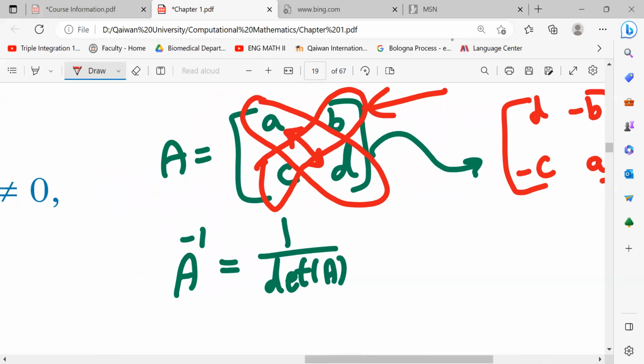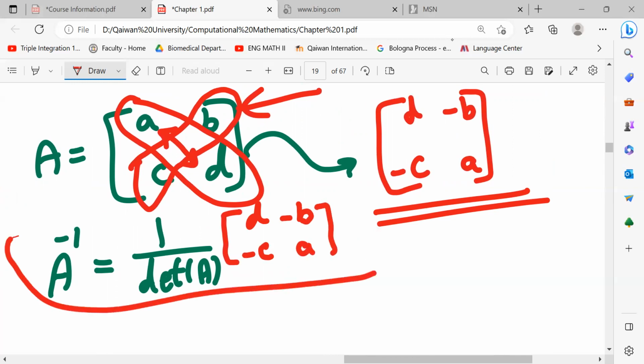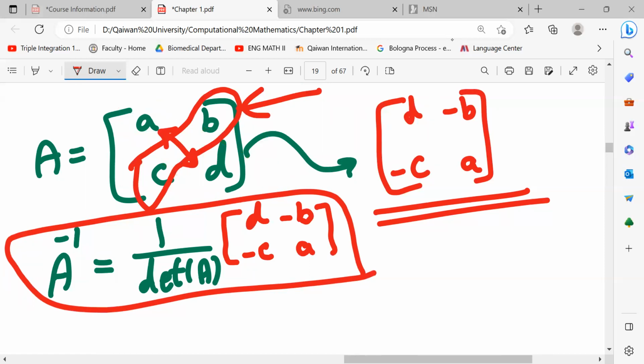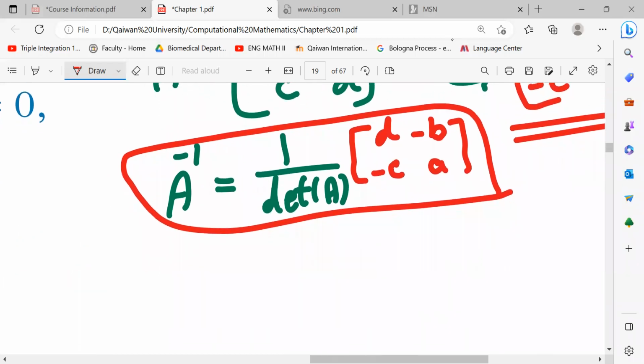Then we say 1 over determinant multiplying by this matrix D, minus B, minus C, A. Calculate this and you'll get the inverse of any 2 by 2 matrix.